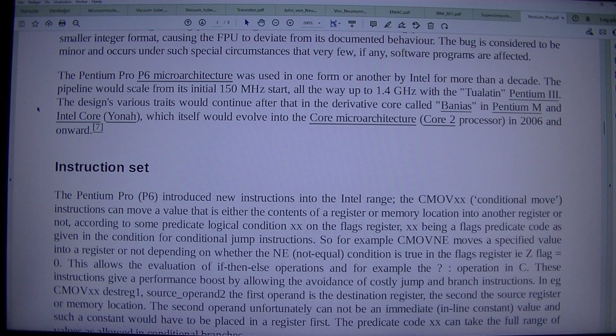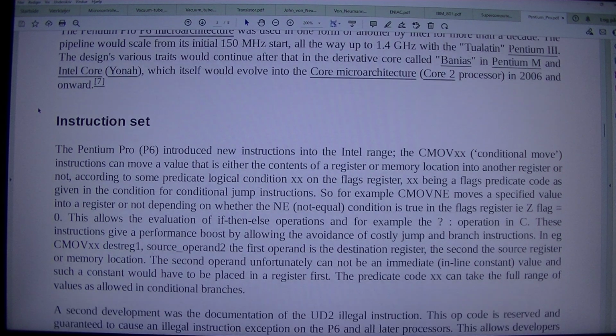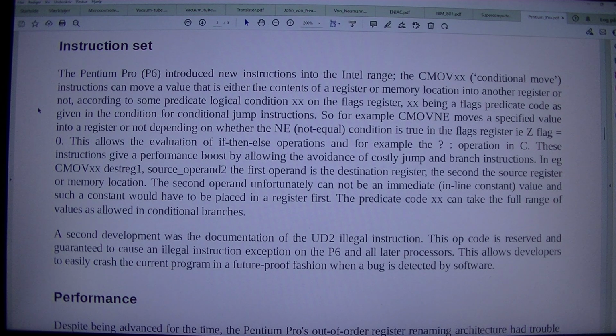7. Instruction set. The Pentium Pro P6 introduced new instructions into the Intel range. The CMOVxx, conditional move, instructions can move a value that is either the contents of a register or memory location into another register or not, according to some predicate logical condition xx on the flags register, xx being a flags predicate code as given in the condition for conditional jump instructions.